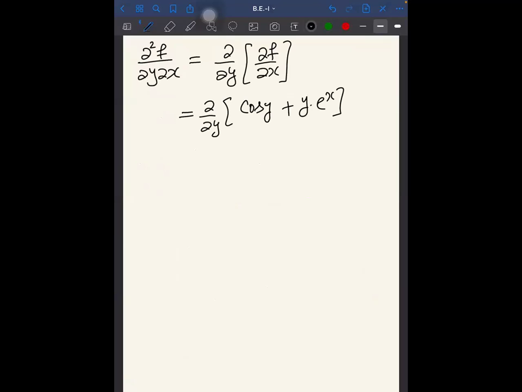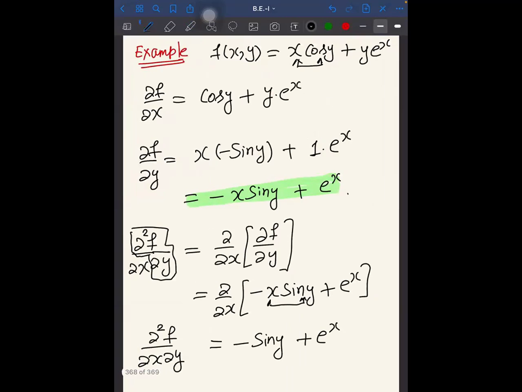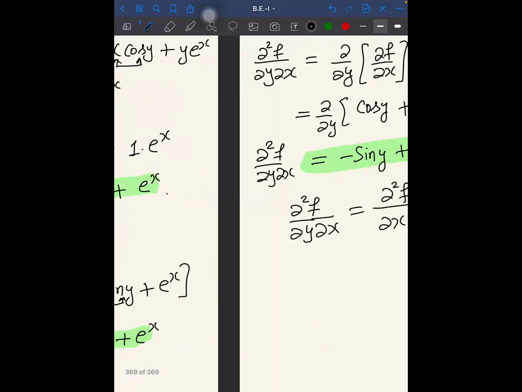Now we differentiate with respect to y, so that becomes minus sine y plus e^x. Now, you have this as curly square f upon curly y curly x, and here again, these two expressions are the same, right? Can you see that these two expressions are coming out to be the same?